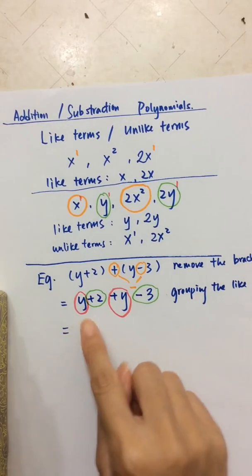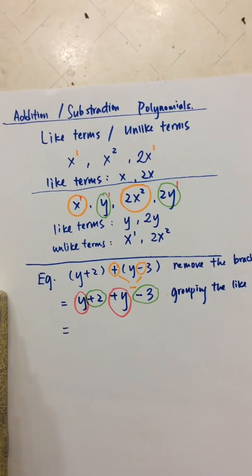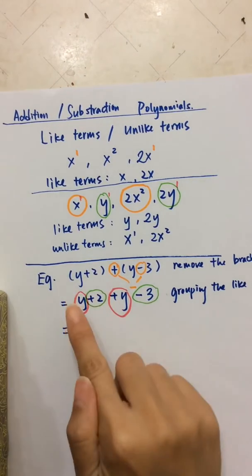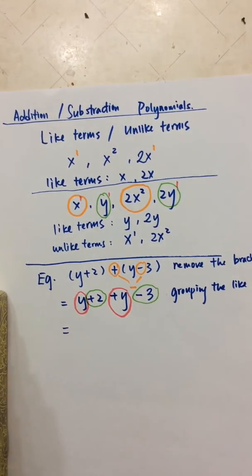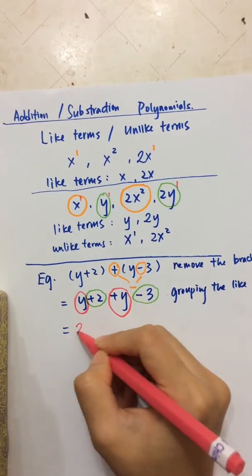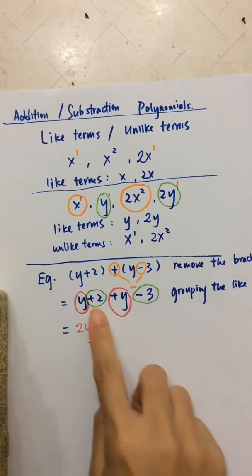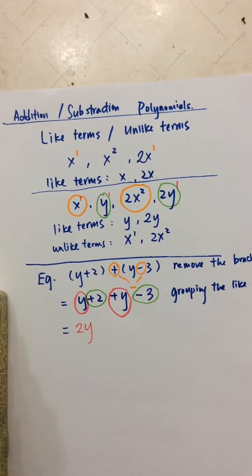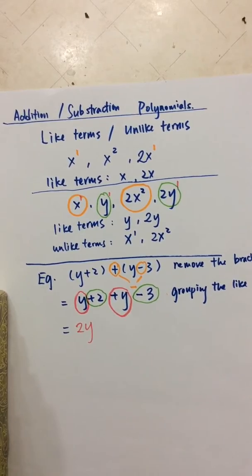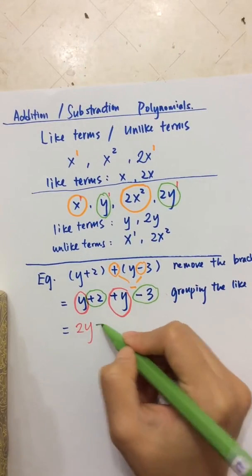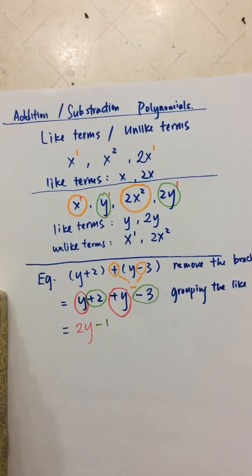So here, we are calculating now. y plus y should be 2y, okay? And then plus 2 minus 3 becomes negative 1. So from here, is it finished?